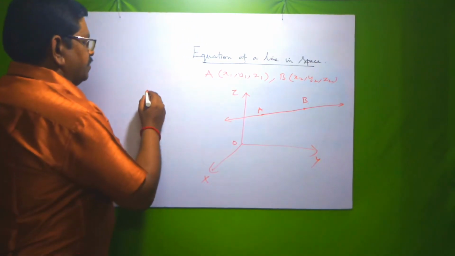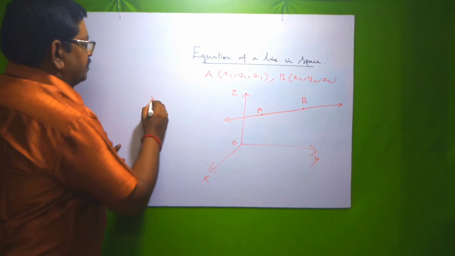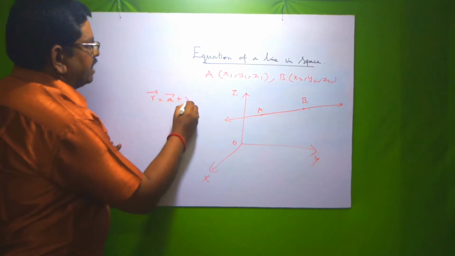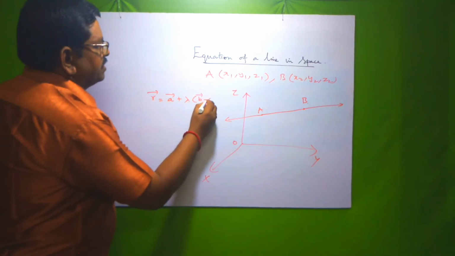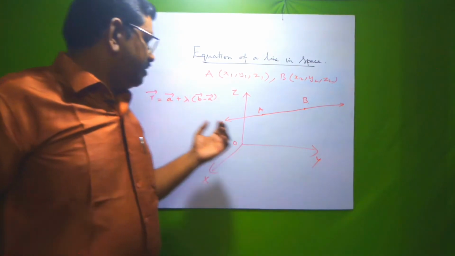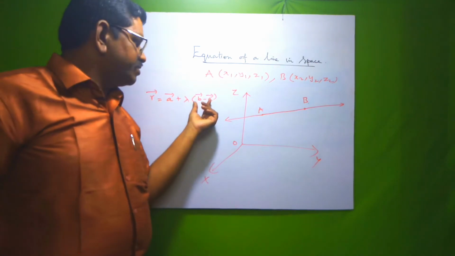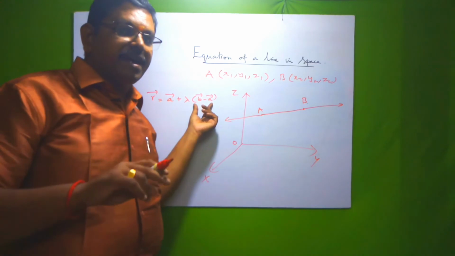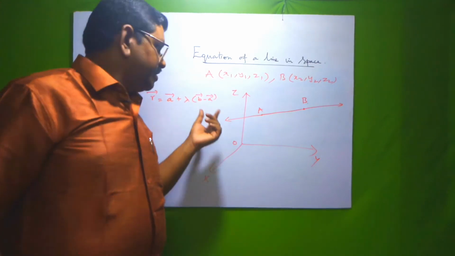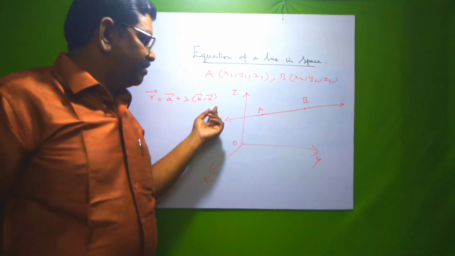Now we will have the formula: r vector is equal to a vector plus lambda into (b minus a) vector. Just check this one. In the first one we had only lambda into b vector, whereas in the second model we have lambda into (b minus a) vector.